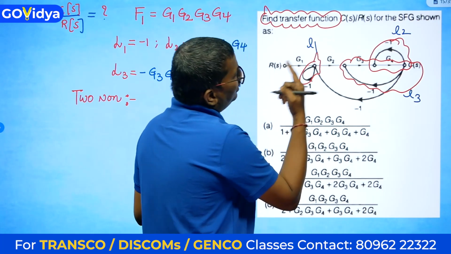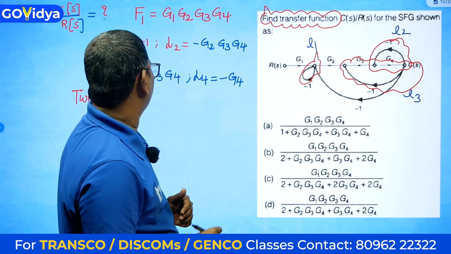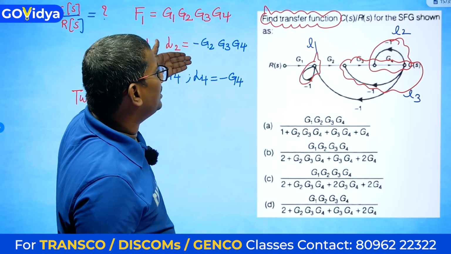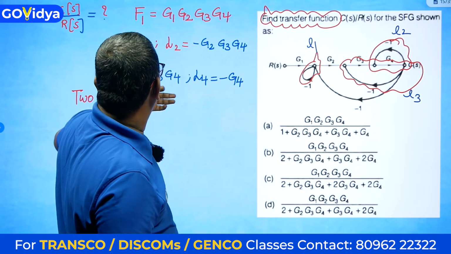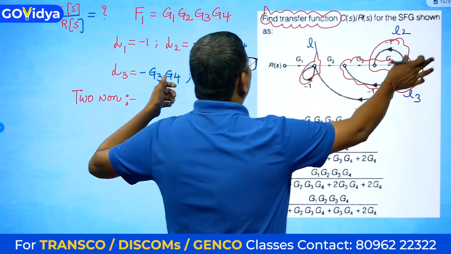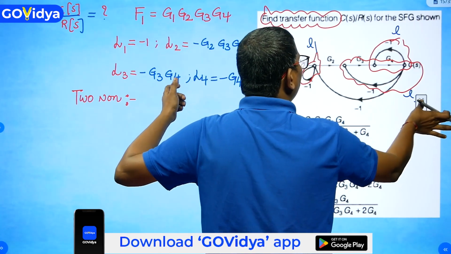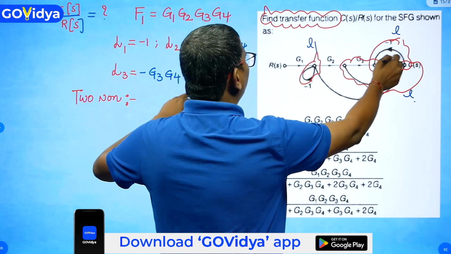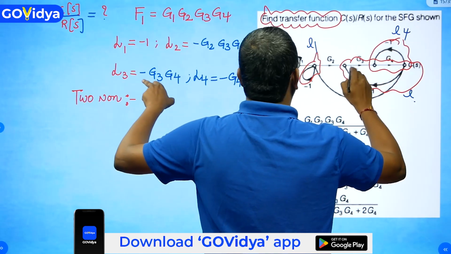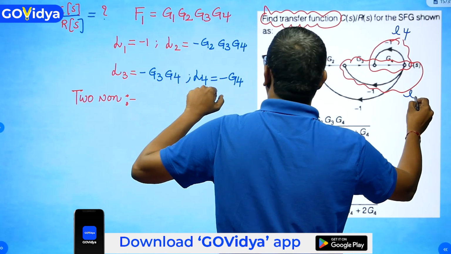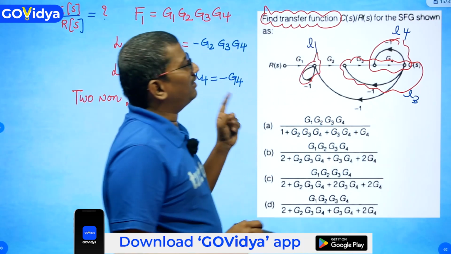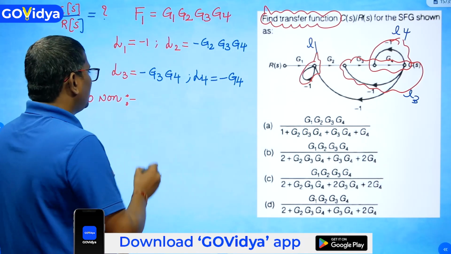I can say L1, L2, L1, L3. Correct? Okay, let me give the same numbering so that it will be very easy. What is this small loop? L4. What is this loop? Minus G3, G4, which is nothing but L3. So you see L1, L4 and L1, L3. What is that?